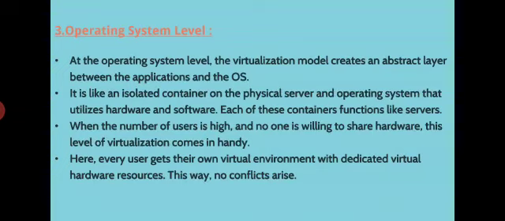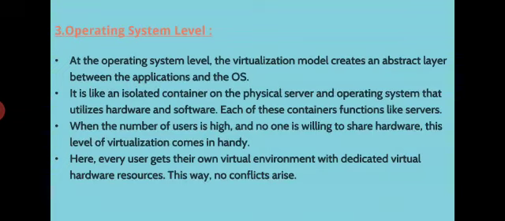Operating system level virtualization is commonly used in creating virtual hosting environments, to allocate the hardware resources among a large number of mutually distrusting users.